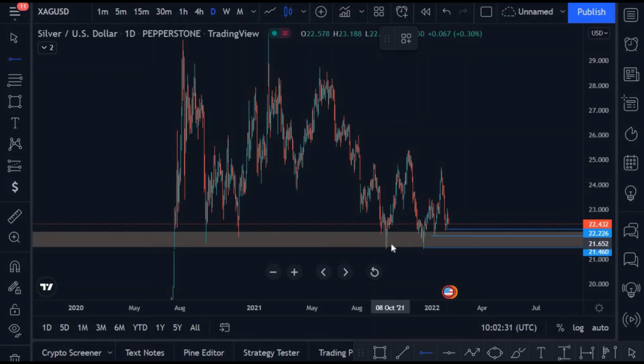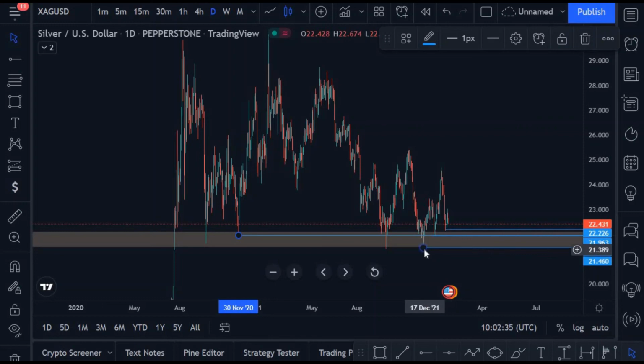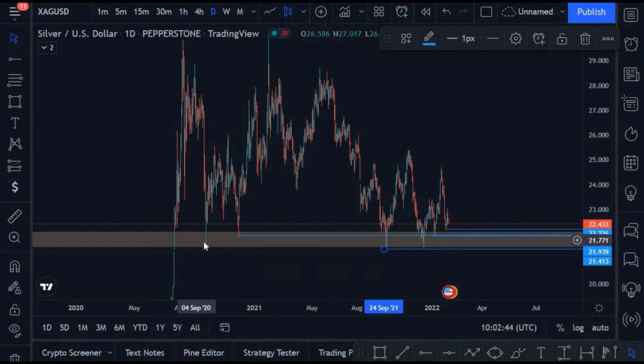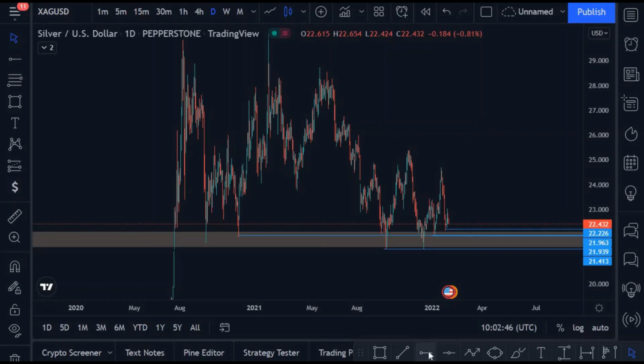Look at these three, for example, all almost within this rectangle, but not from the same spot. Okay, let me bring this here and then extend this to this point. Okay, and then bring this here. So we have about 6 to 7 tests from a close range, but not from exactly the same spot.